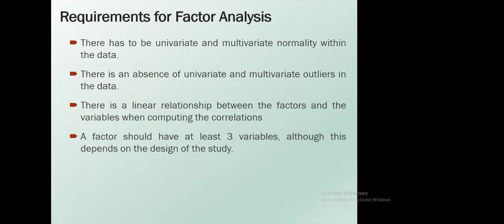If you have less than 3 variables, it is not the right approach. But just saying that you should have 3 variables is also not a cutoff rule. It definitely depends on the design of your study. Okay.